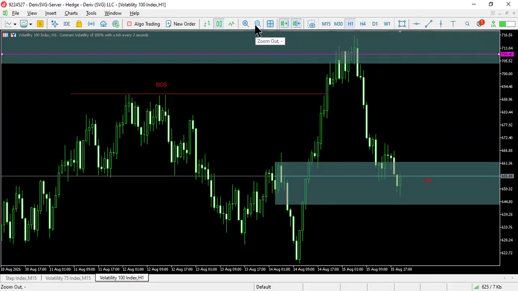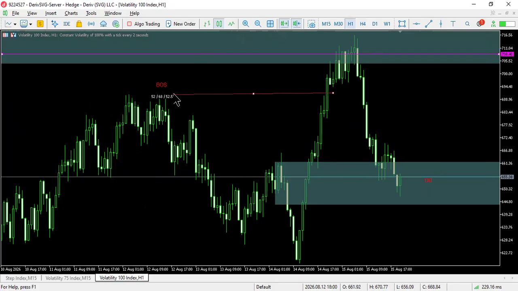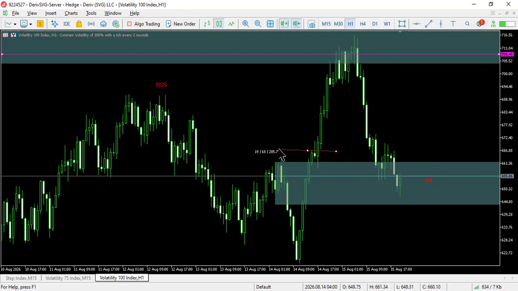Moving over to the 1 hour time frame. From the 1 hour time frame, we have a break of structure right there.